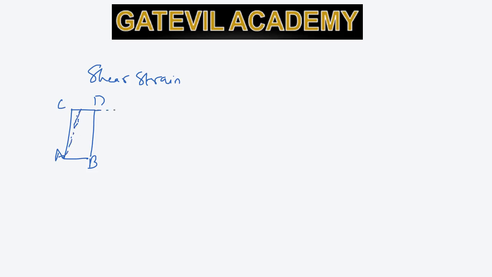So the new position, let it be C dash, D dash, and the distortion produced, let it be gamma. This is the change in the dimension CD to CD dash. Let this be ds, and the length of the object, let it be L.